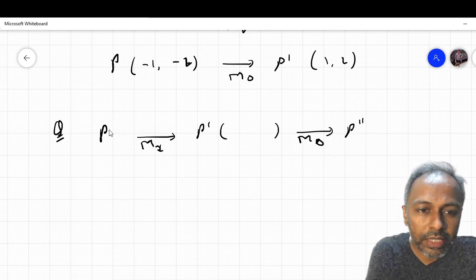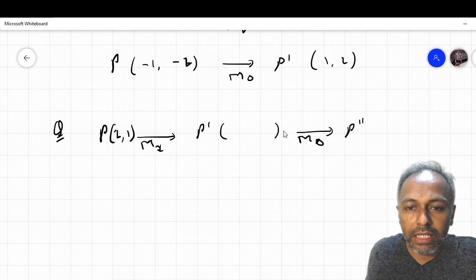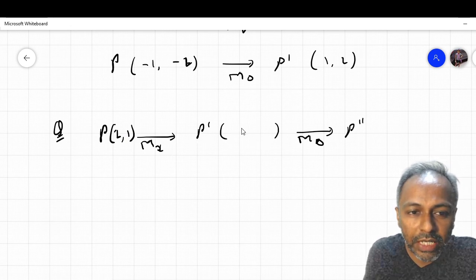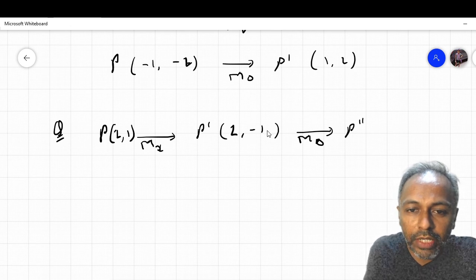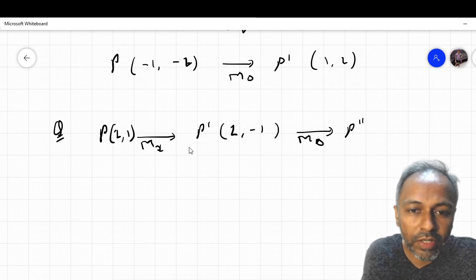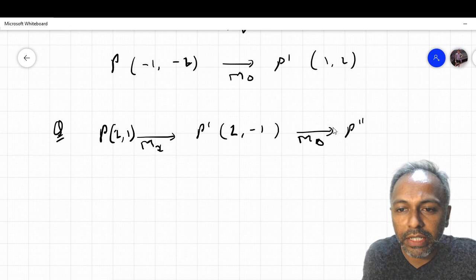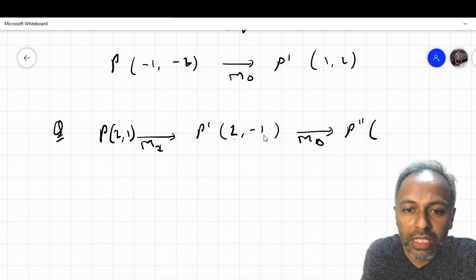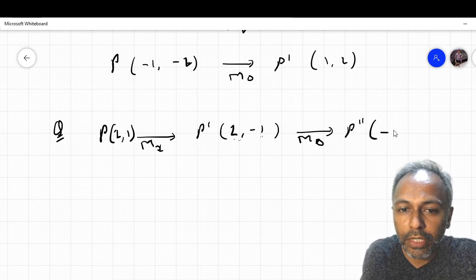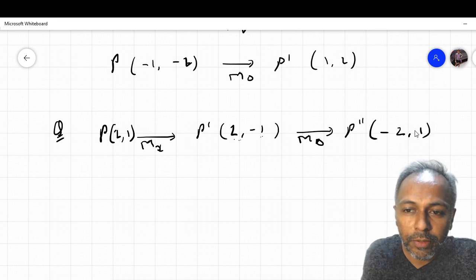Let's see what outcome we get. We have the question as say P(2, 1) transforming about the x-axis becoming P dash, so that will change the y coordinate sign, 1 becoming minus 1, and when you reflect it about the origin, both the signs will change, which will become (minus 2, 1).